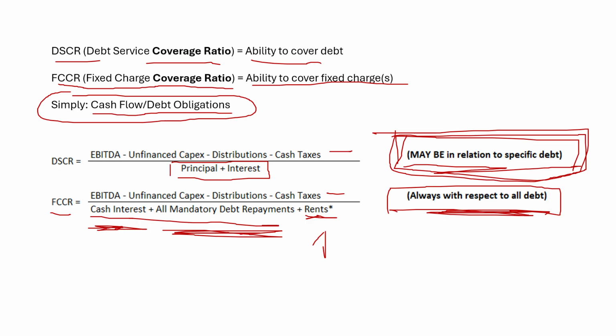And then rents is something that, if the company is leasing the property they're in, sometimes, not often, we also include rents in the definition of FCCR. The one caveat here that I didn't really specify is if you include rents in the denominator, something that you have to divide by, you technically also have to add it to the numerator.